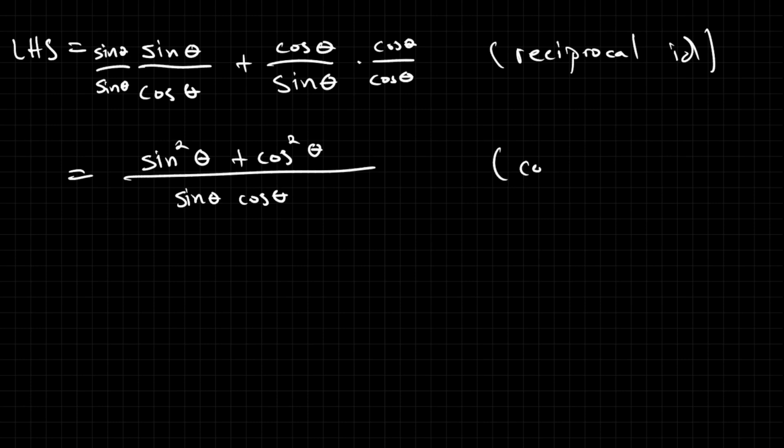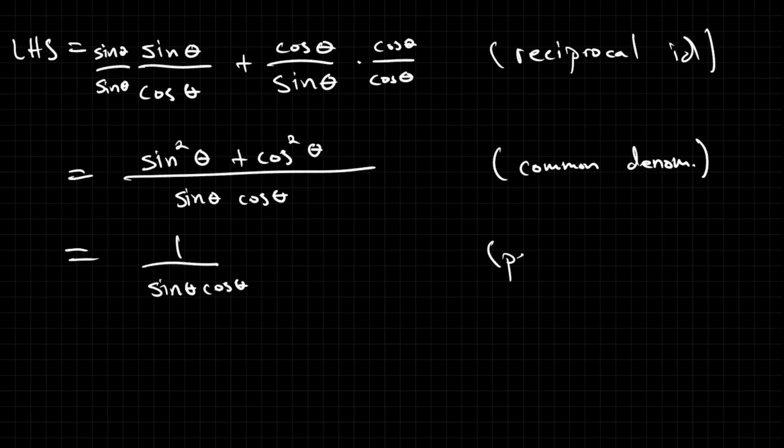And so this was common denominator. And now, well, cosine squared theta plus sine squared theta, that's 1. So this is 1 divided by sine theta cosine theta. So Pythagorean identity. And then finally, I can use my reciprocal identities again. This is 1 over sine theta times 1 over cosine theta.